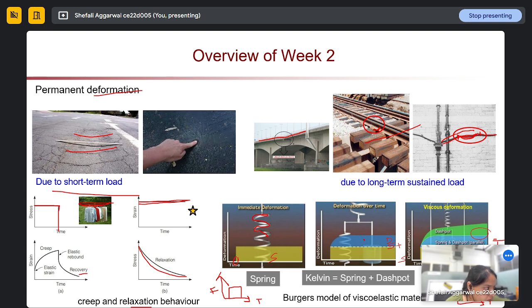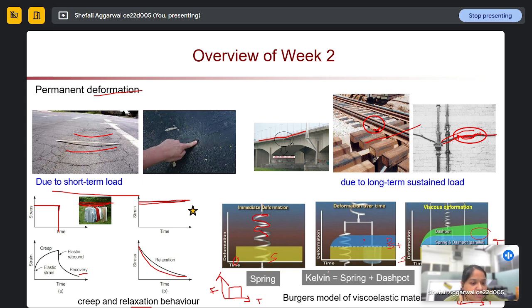Force initially suddenly increases, then a continuous force is there, and when the force is removed, it reduces to zero. So in the deformation versus time graph, what is happening? There is a sudden deformation, then continuous deformation, and when the force is removed completely, we have a permanent deformation. So that is the dashpot type of model.